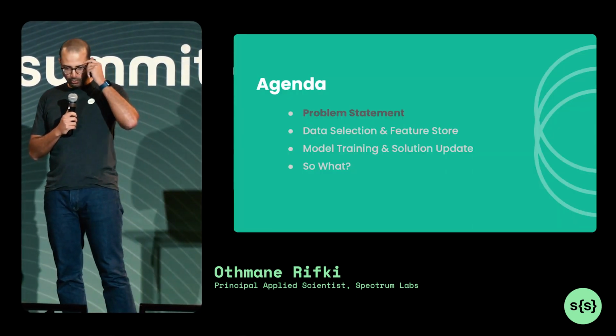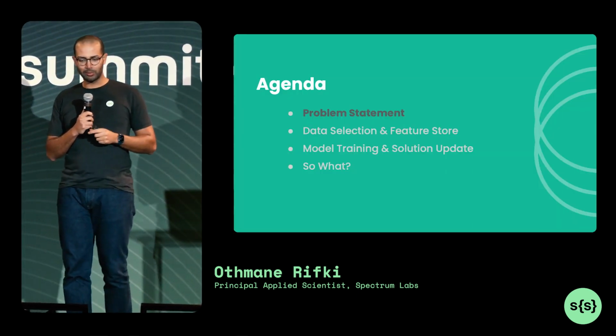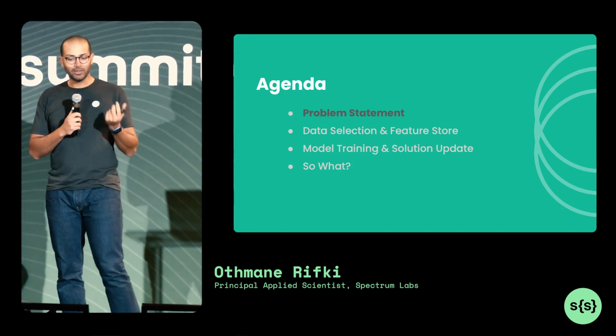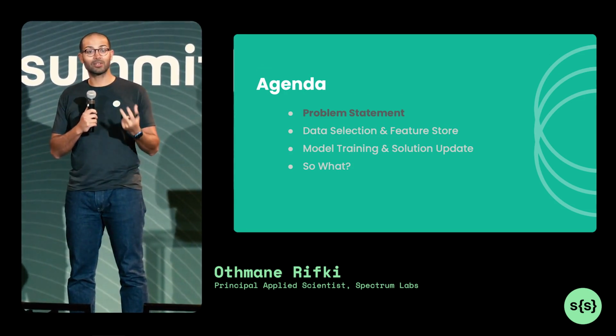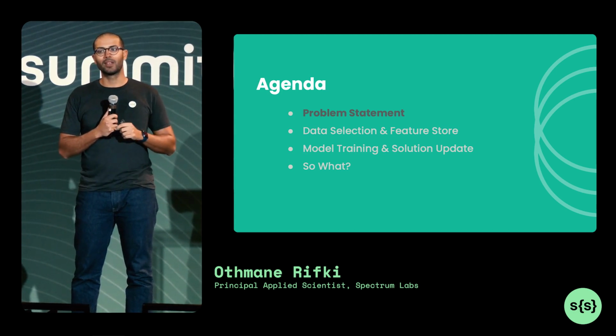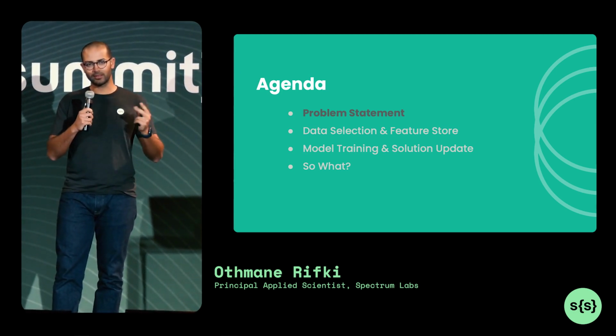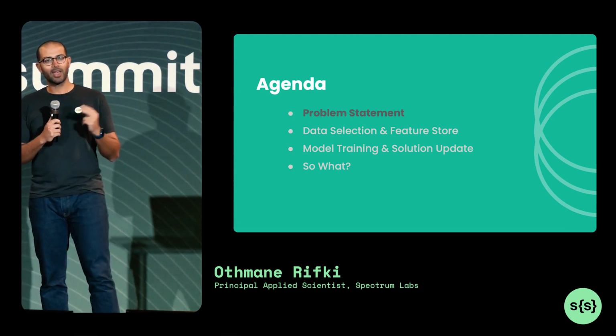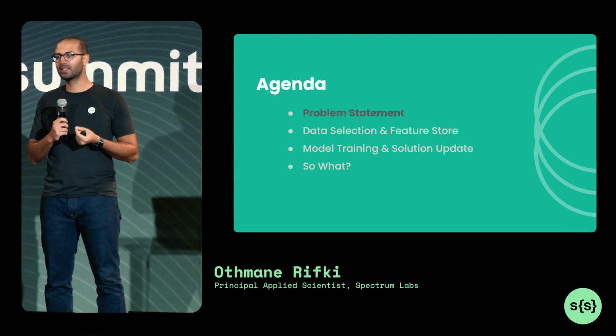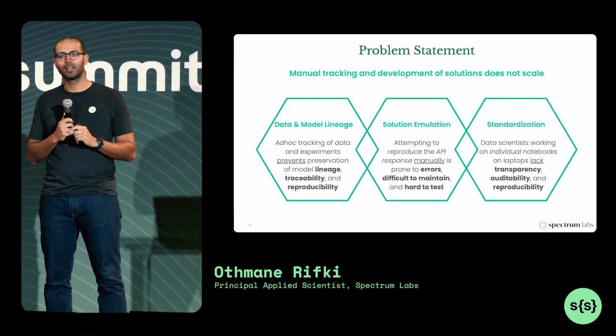So first, why are we building these processes? Manual tracking and development of solutions does not really scale once you start doing them by hand. Data scientists love using notebooks, and if you have a few models to maintain in production, that's tractable.